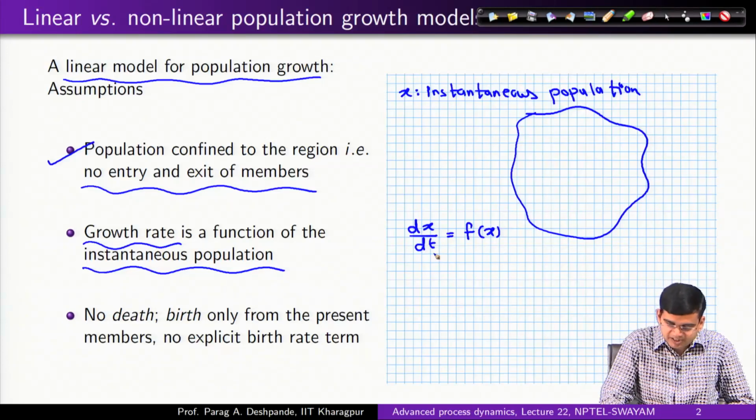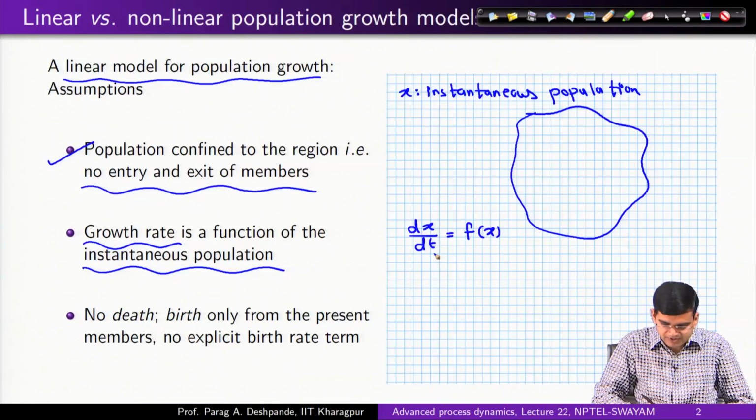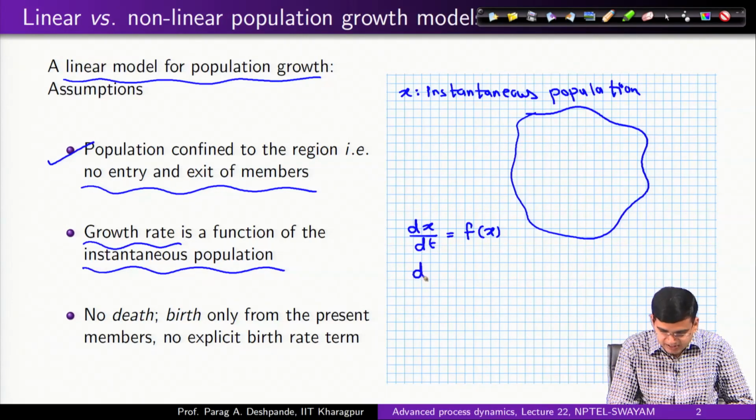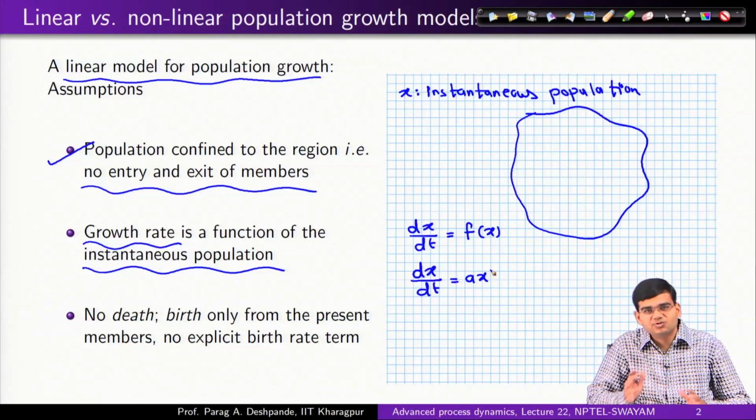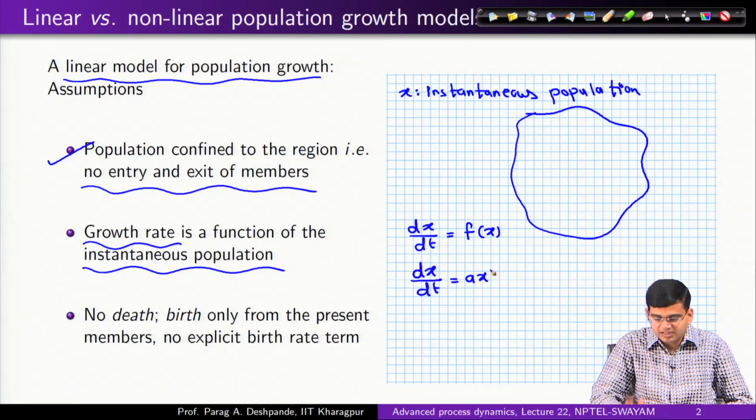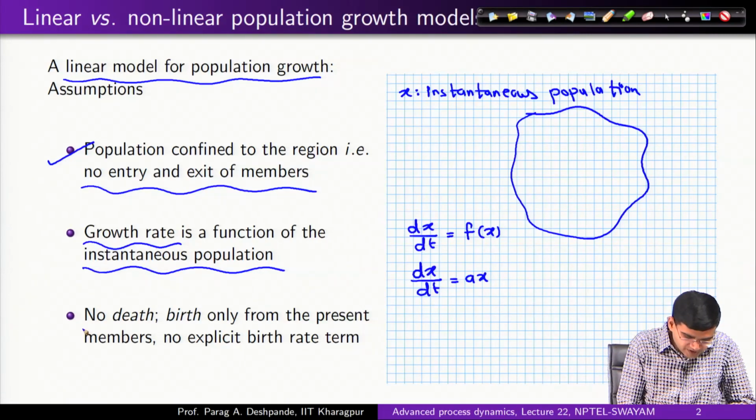So, dx by dt is a function f of x, and to make the model linear, I have no option but to set it as dx by dt equal to a x. This is the only way the model would be linear. And then finally, no death.